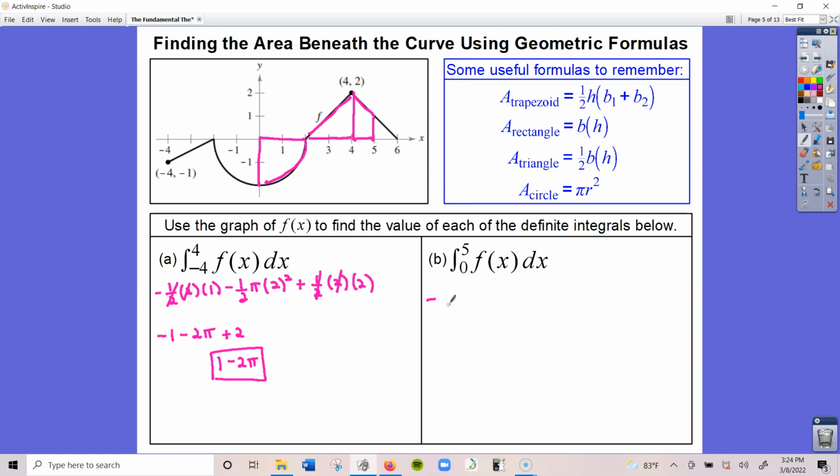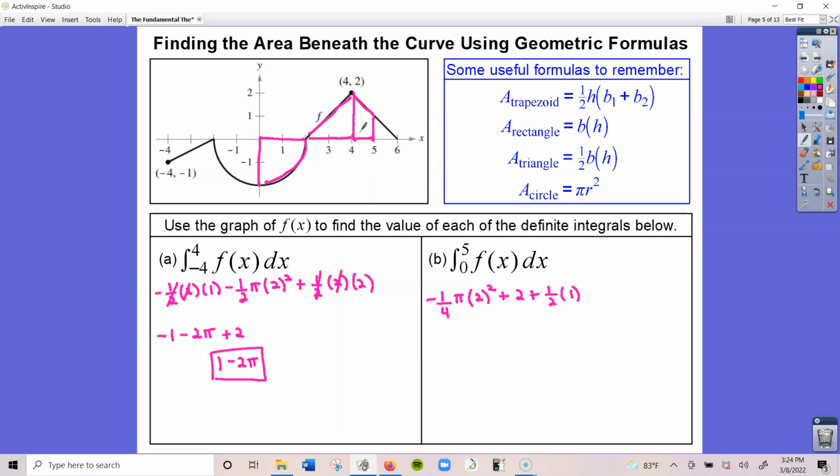Now because it's a quarter of a circle, I'm going to divide by 4, so -1/4 pi, and the radius is still 2 squared, plus the area of this triangle, which I already did. That was this part right here, because it's 1/2 times 2 times 2, which is 2, plus the area of this trapezoid, which is 1/2 times the height, which is 1.